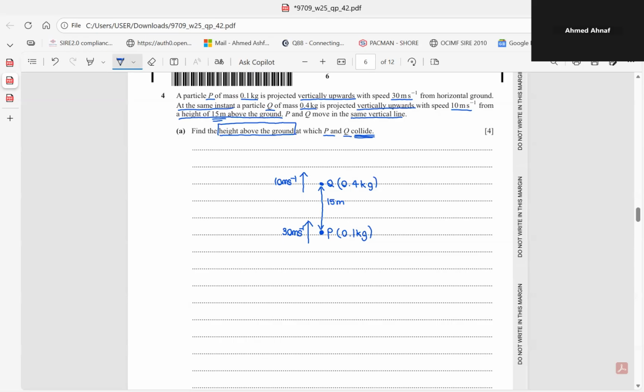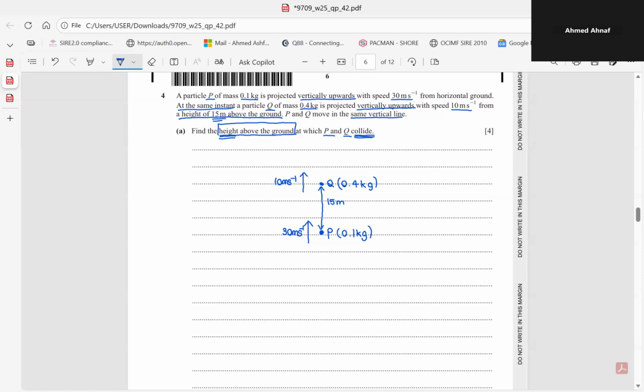When they reach this same height, if you use a bit of common sense, they should obviously reach it at the same time. So the S and T should be the same. Those are the two undisputed things.